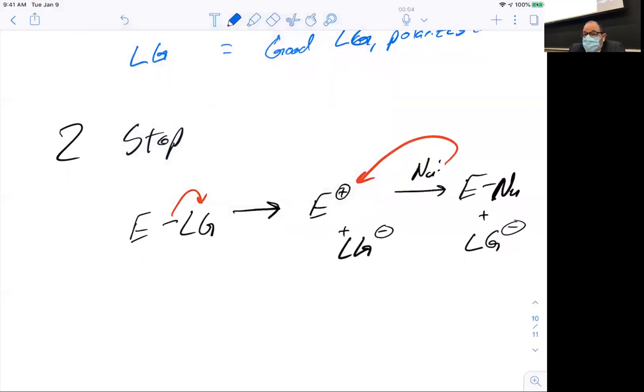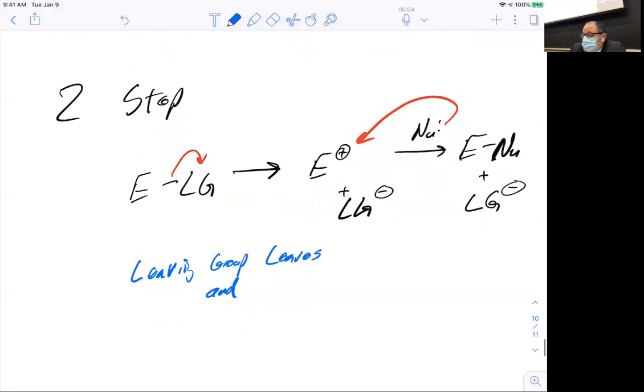So in a one-step process, we had nucleophile attacks electrophile, leaving group leaves. In the two-step process, leaving group leaves, and nucleophile attacks electrophile. So we've inverted the two steps, right? First step is leaving group leaves. Second step, nucleophile attacks electrophile.